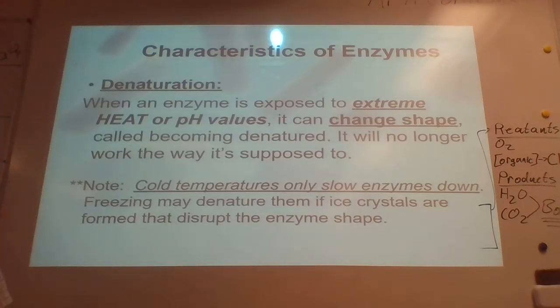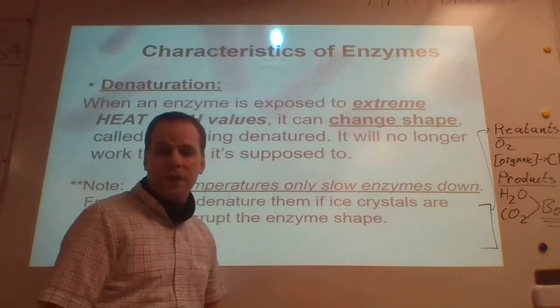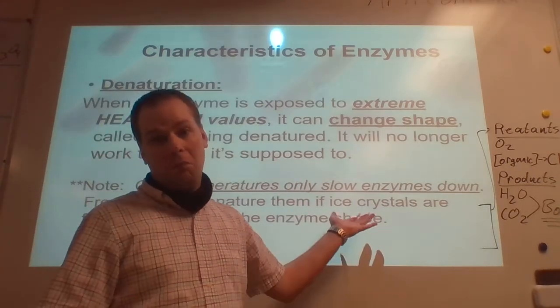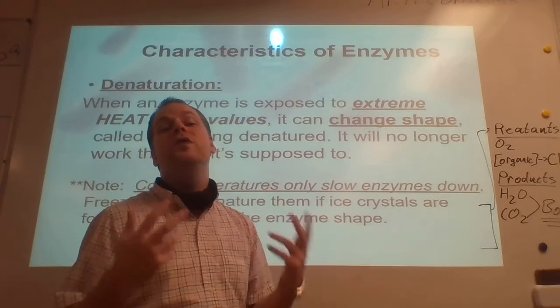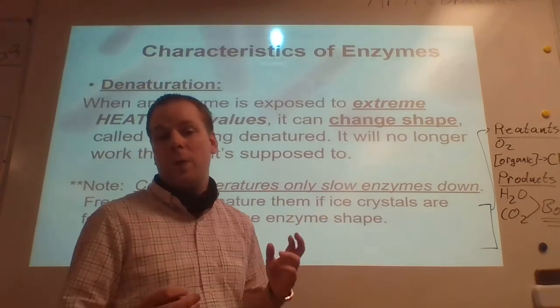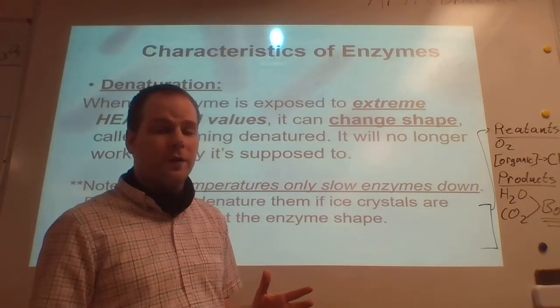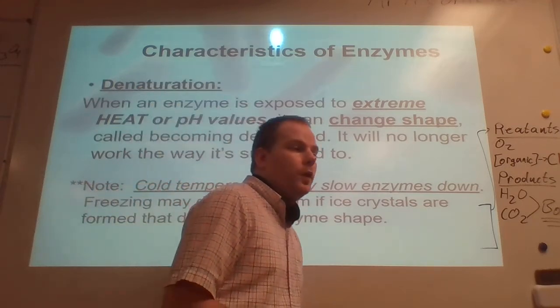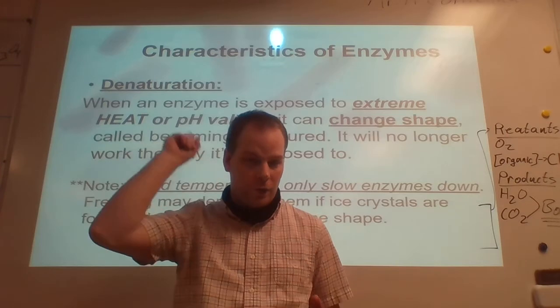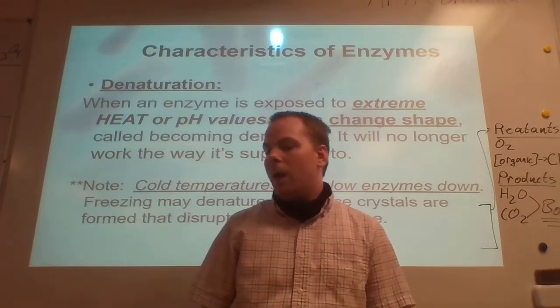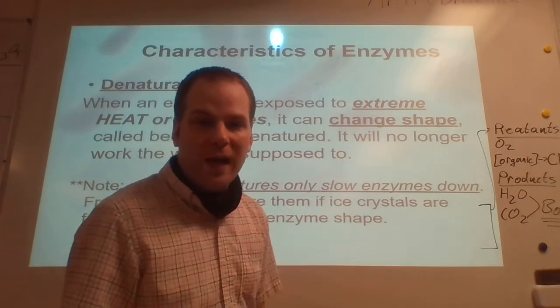Now, I mentioned that the enzyme itself is never actually changed over the course of the reaction. Theoretically, an enzyme can work for just about forever. But there are things that can be done to it that will damage it. And this is one of the reasons why we cook stuff, to break down stuff like this. When you damage an enzyme and it can no longer fulfill its function, it's called denaturation, or a denatured enzyme.